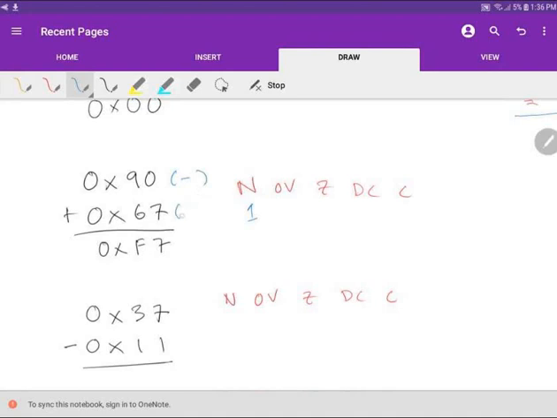This is positive or negative? Positive. So negative plus positive is supposed to get? Depends on which number is larger. So which one is larger? This is where we all fall for the trick.